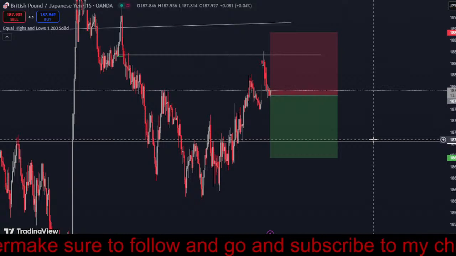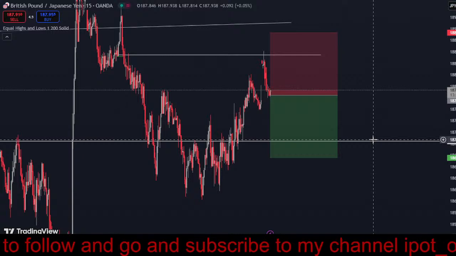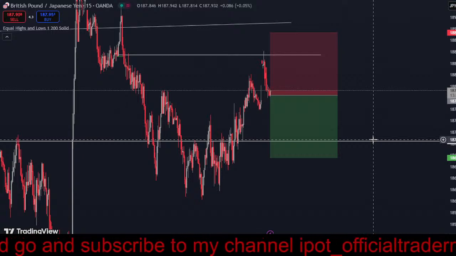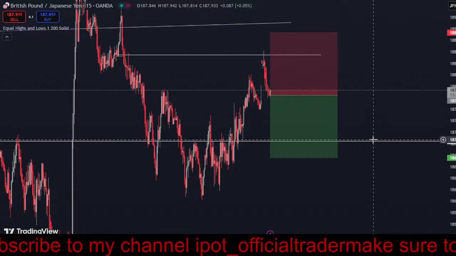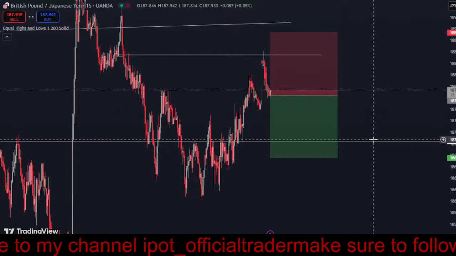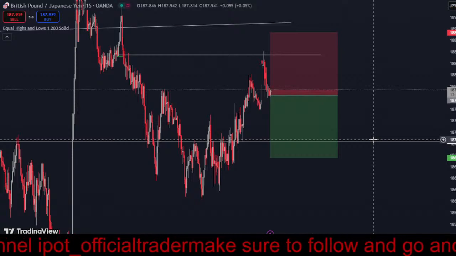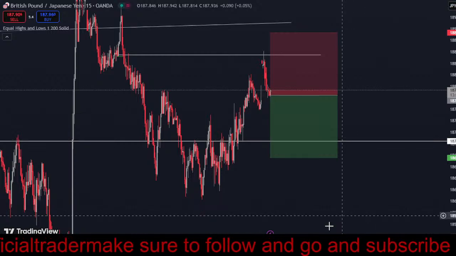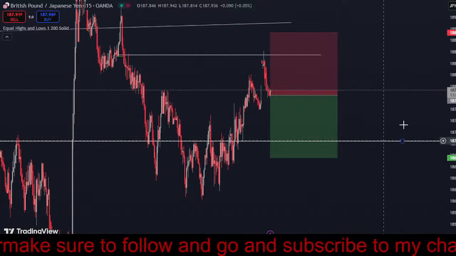Yeah, I've placed my entire margin at risk at this point, but we're just going to be holding those trades for quite some time, up until Asian Open, and see how those trades go.